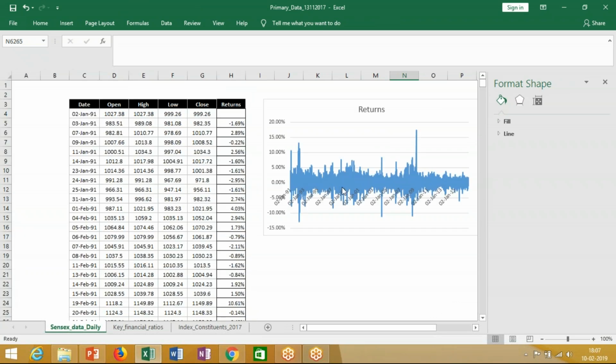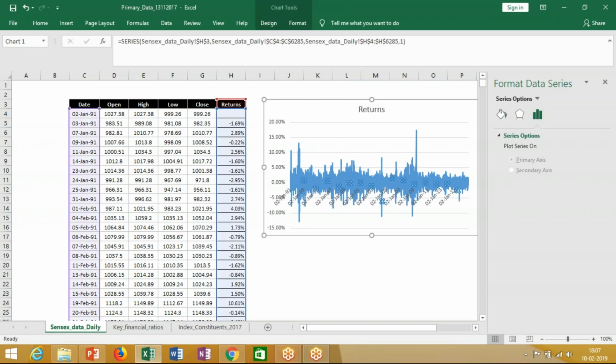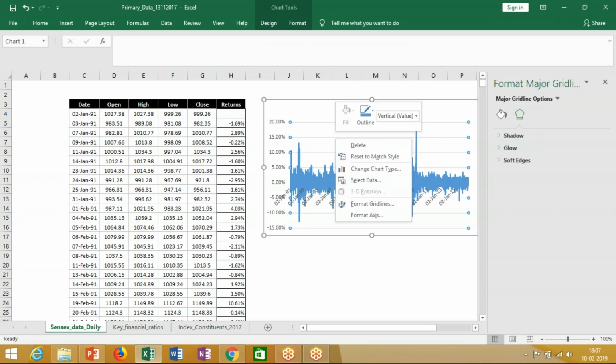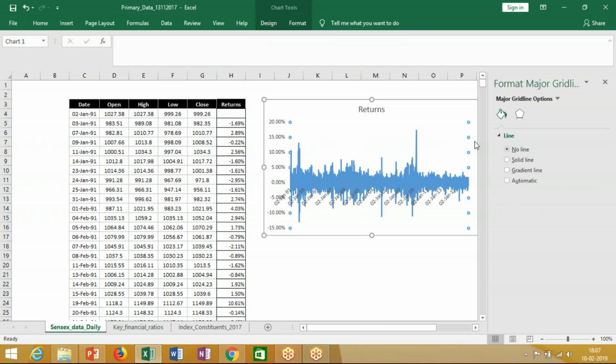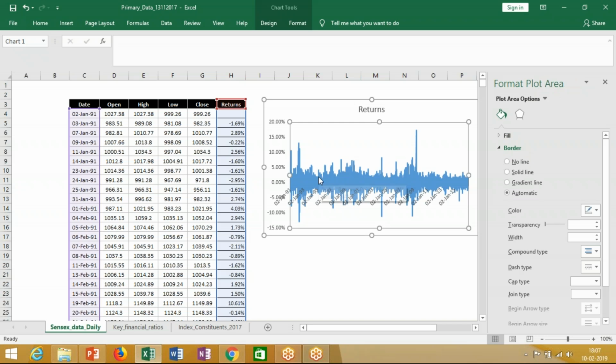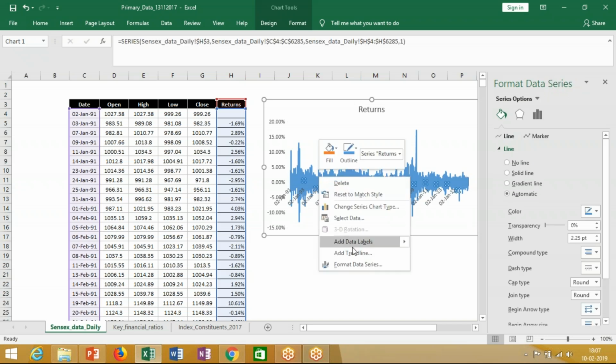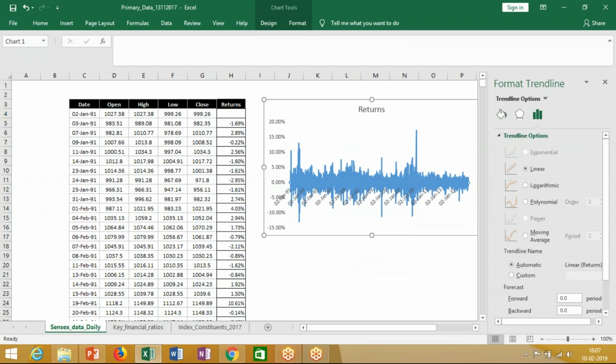Right. So this is how your volatility series would look like. So now what I want to do is I want to plot the mean returns over here. So I'll add a trend line over here. Let me put a linear line.